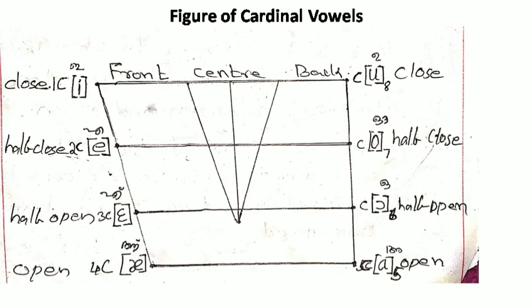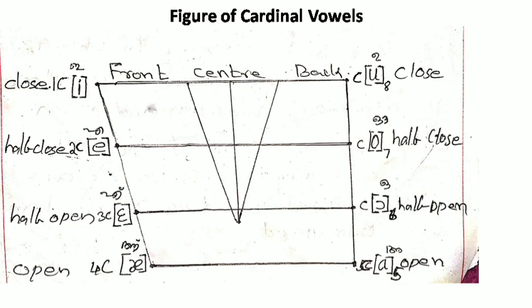Cardinal vowels number 1 to 5 are unrounded vowels. E is unrounded. That means the position of the lip is unrounded. 1 to 5 are unrounded. 6 to 8 are rounded vowels.